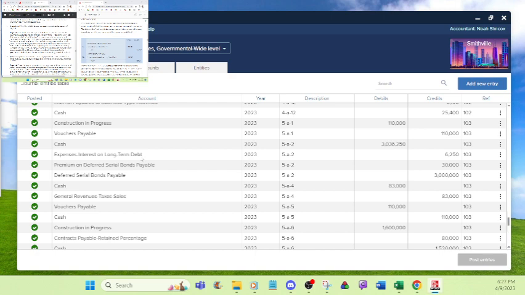I finally understood this sentence. I don't know why I didn't understand it the first time. It's because they didn't put a comma where there was supposed to be a comma. Since expense interest long-term debt was credited for this much in the governmental activity journal, comma, record the full interest payment as a debit to interest expense, less amortization of the premium.